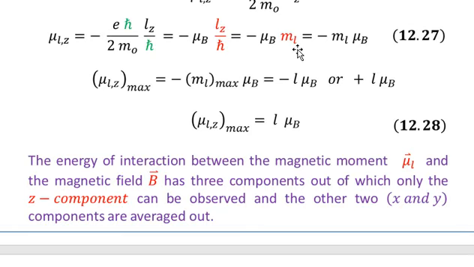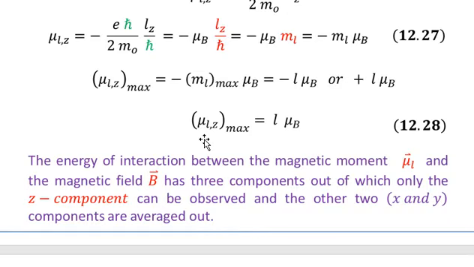So I have introduced the value of ml over here and rearranged it as minus ml into mu b. So the maximum value of mu Lz is equal to minus the maximum value of ml times mu b. Now there are two possibilities, ml is equal to plus L or minus L, because the maximum value of ml is plus minus L. So the two answers are minus L into mu b or plus L into mu b.